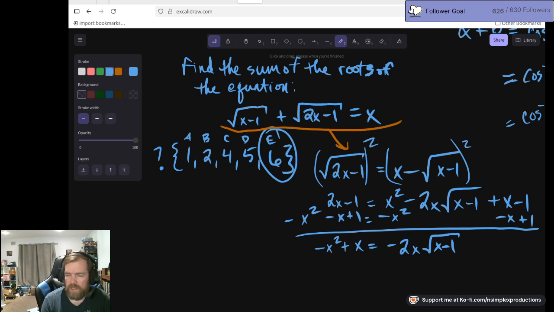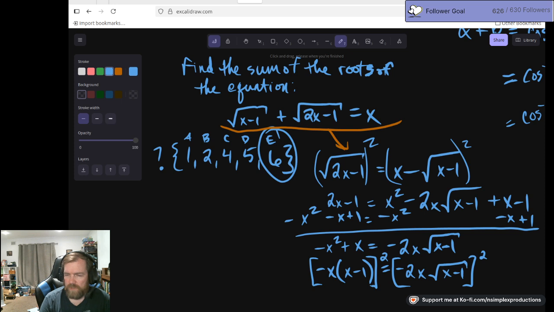Right, this is going to get us a negative x parentheses x minus 1, which is then equal to negative 2x root x minus 1. We could probably see that one's a square of the other. Can't really do much about it at the moment, but nonetheless it might help you with some insight.